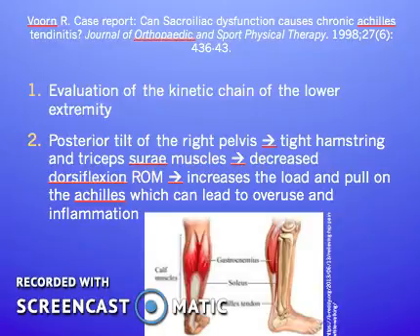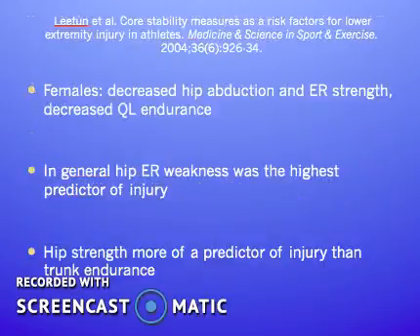So it's looking at the kinetic chain of the lower extremity, and specifically in this article it talked about a posterior tilt, how it causes hamstring tightness and triceps surae tightness, decreased dorsiflexion, which increases the load and pull on the Achilles, which can then lead to overuse and inflammation. So you can treat that Achilles all you want, but until you fix the problem, all you're doing is slapping a Band-Aid on it. I think this is an important reminder of the importance of the kinetic chain.